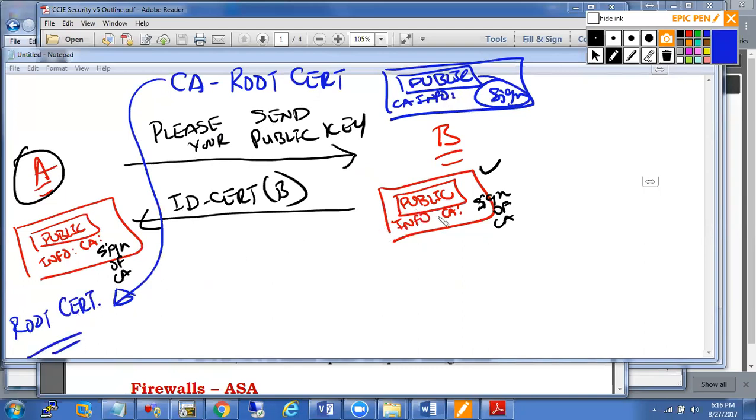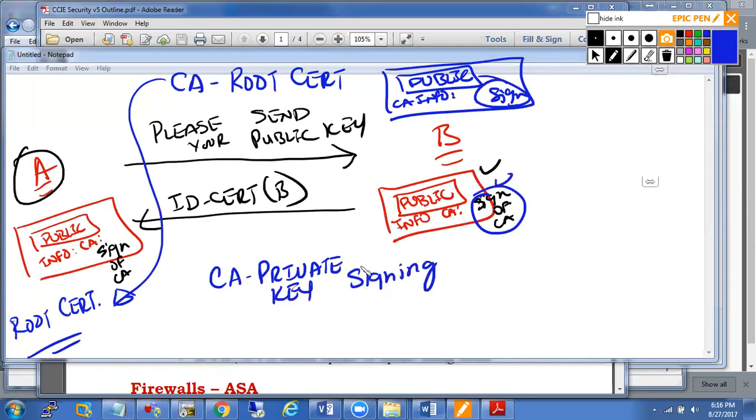When this public key from B, the ID cert from B, comes in, it has a signature of the CA server. The signature of the CA server is done by using the CA's private key. The CA's private key is signing this certificate. But in order to validate that this is the right signature for the CA server, the CA's public key verifies.